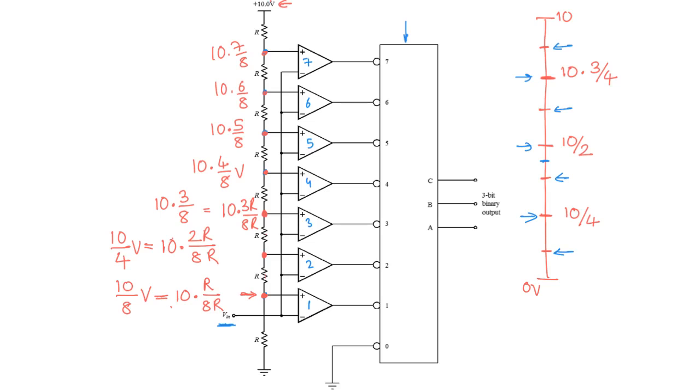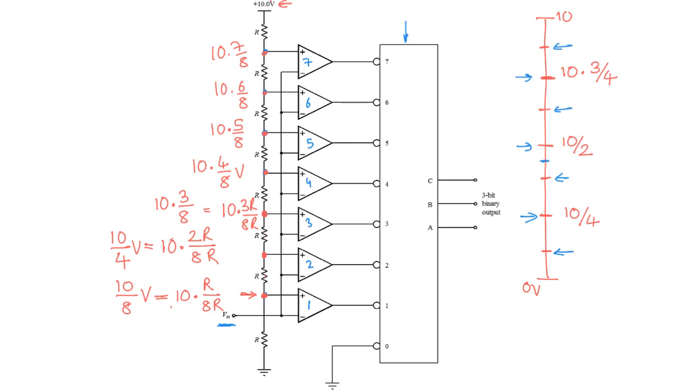That gives us an indication as to which of these bands the analog voltage lies in. In this case, all these values are 1 and all these values are 0, or low, so the analog voltage lies in this band. The coder can use this information and figure out what 3-bit binary output corresponds to this value.